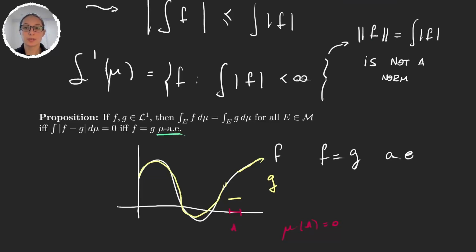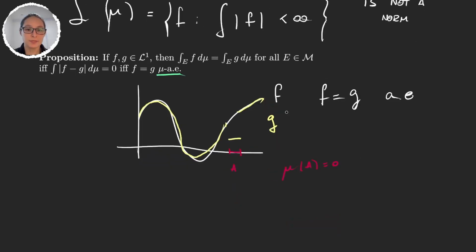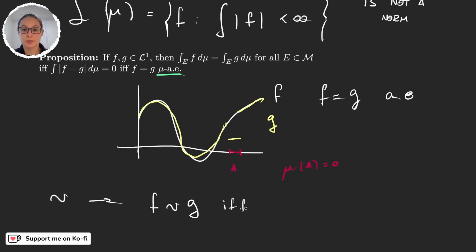So what we can do is define an equivalence relation: f is related to g if and only if they are equal almost everywhere.